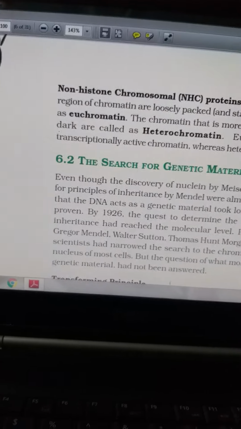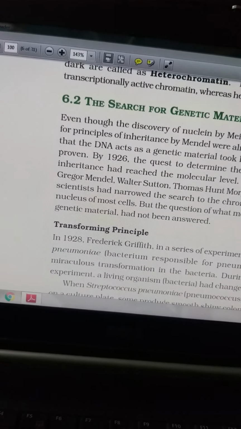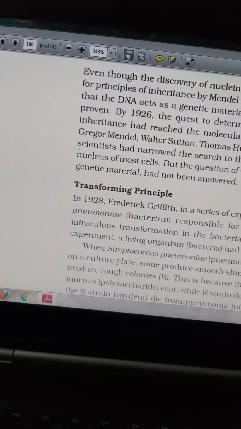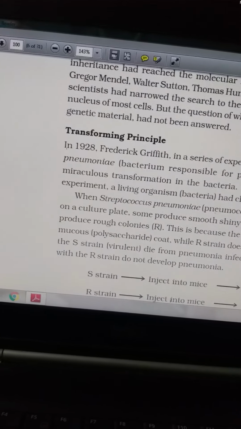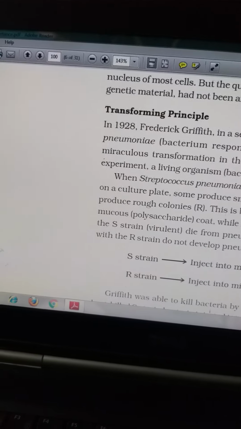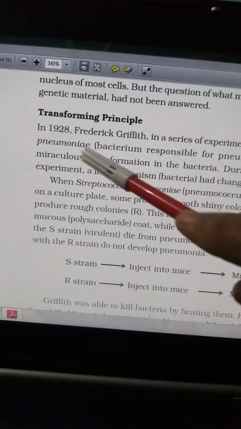Now you see, there are certain experiments to prove what the genetic material is. In that, the transforming principle was shown by Griffith. He performed a series of experiments with what? With pneumonia bacteria, Streptococcus pneumoniae.